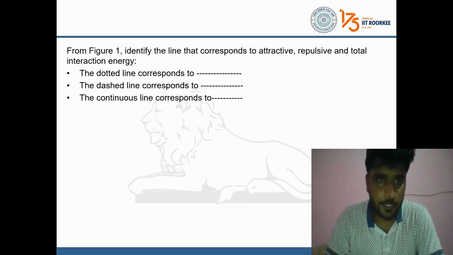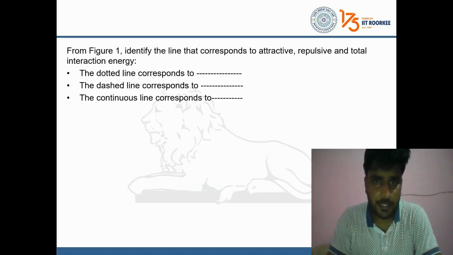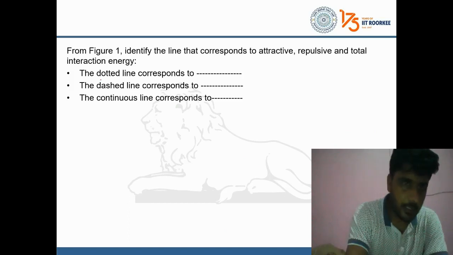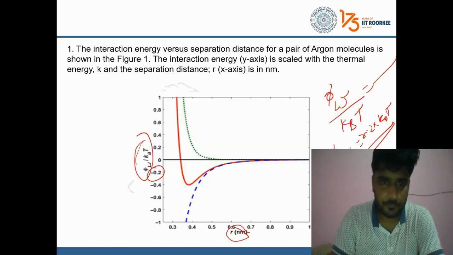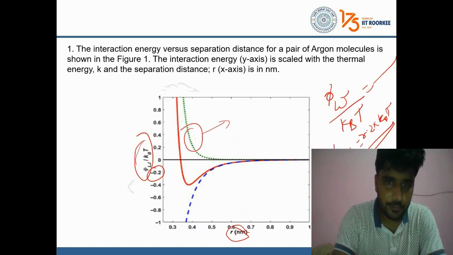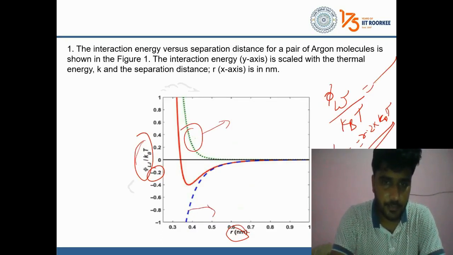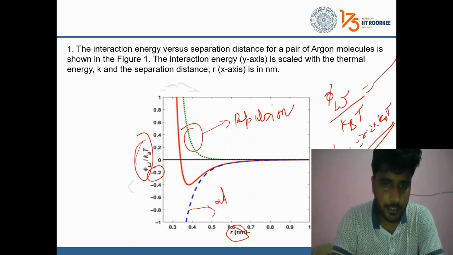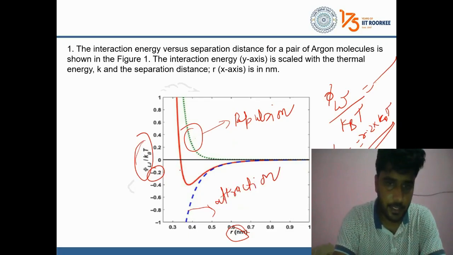From Figure 1, identify the lines that correspond to attractive, repulsive and total interaction energy. This is a normal question. This represents the repulsion, similarly this represents the attraction, and this is the resultant.